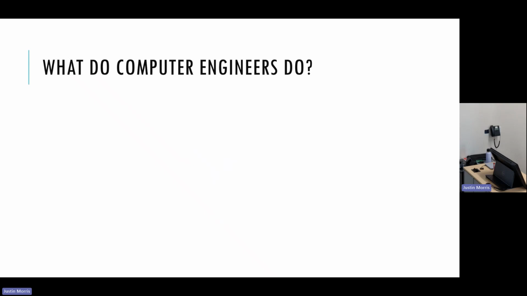What else do computer engineers need to know? So they do need to know physics just as base knowledge, in order to understand the digital logic part, right? But what else do computer engineers do?